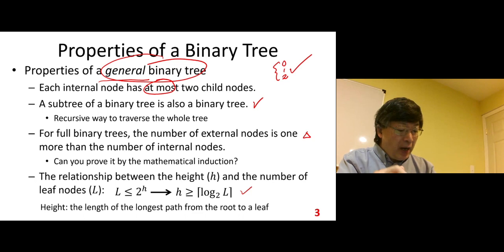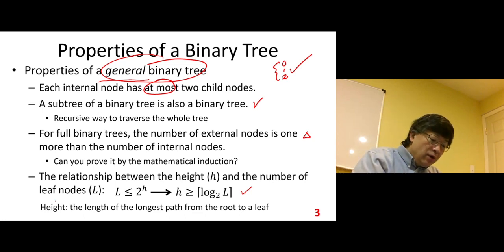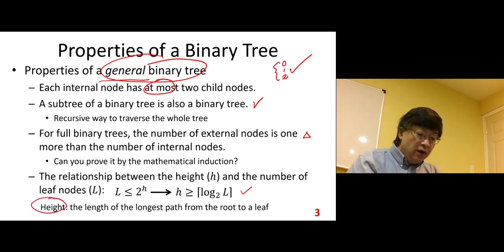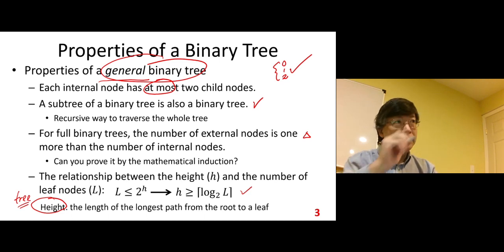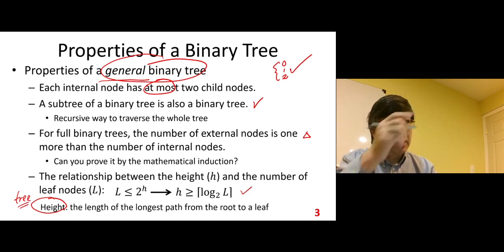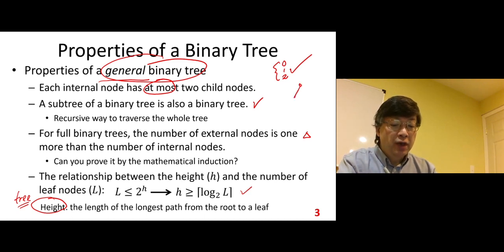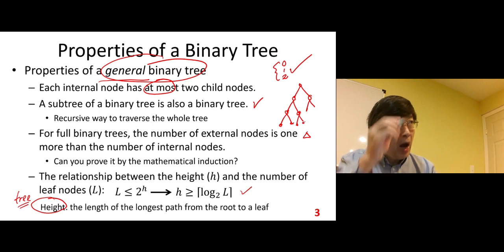But another thing I'd like to point out: when we talk about this height here, we mean the height of the whole binary tree. But sometimes, in some of the questions I'll give you in homework number 2, when you draw a binary tree, we can also talk about the height of a node.